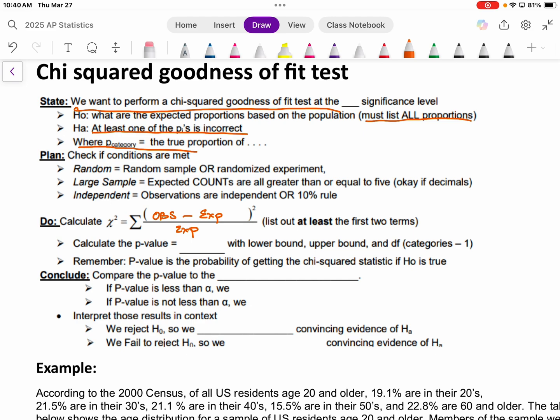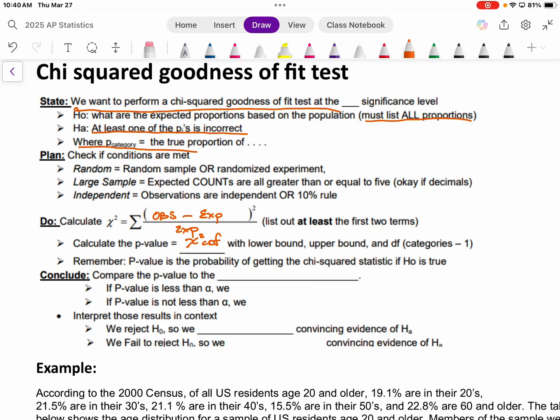That gives us our chi-squared. Calculate the p-value using a chi-squared CDF with the lower bound and upper bound and degrees of freedom. Remember, degrees of freedom is categories minus 1 for goodness of fit.